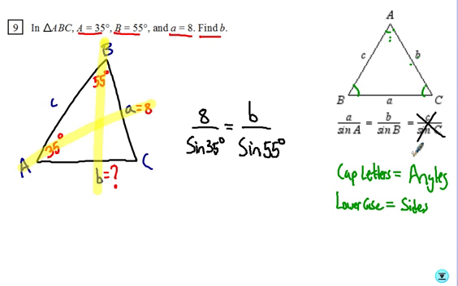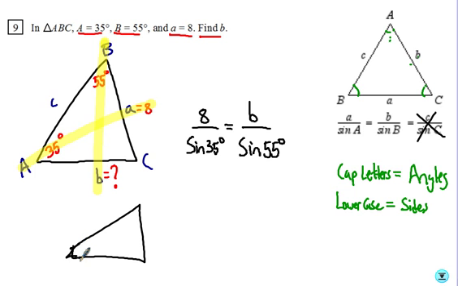I should mention one thing before we go much further: you might have noticed that if you add 35 and 55 together, you get 90. So that means this actually would be a right triangle.